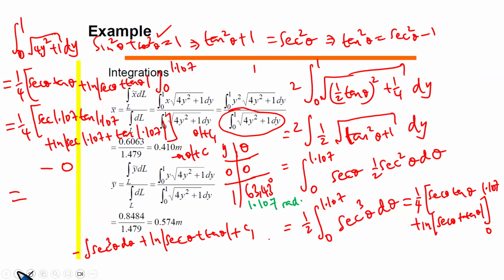So the y tilde is y, and the dl is the square root of 4y squared plus 1 dy. Obviously, just a bit more calculations congested on this particular screen. The denominator is the same thing, 1.479. It's only the numerator that's a little bit different.